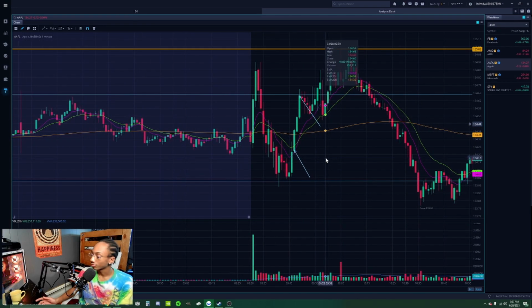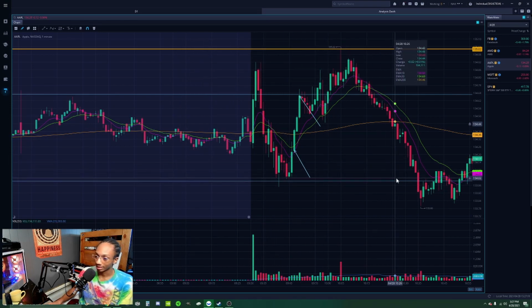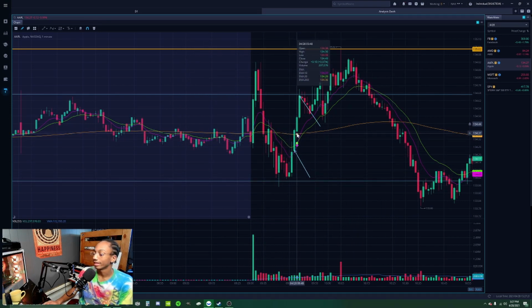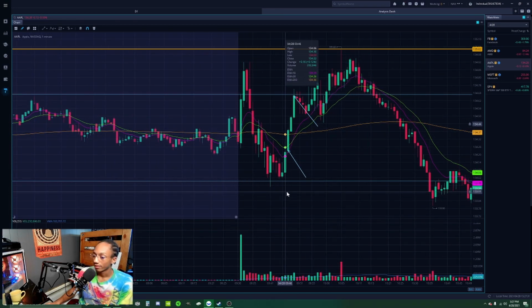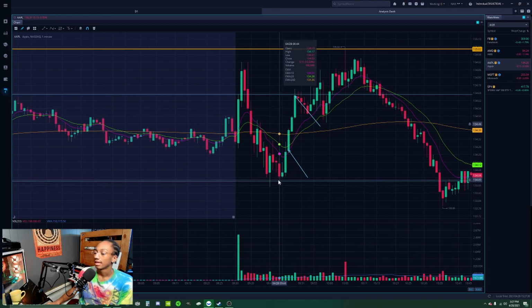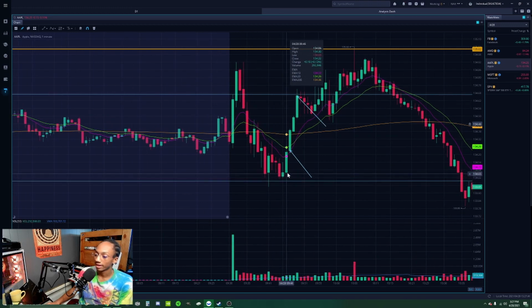And I said, okay, this might be a good little bounce setup that I can take, even though the 200 moving average is right there. So I'll enter it with just a small contract, a small position, and see if I can win it because it looks good. So I saw that this level was holding at the 134 level, and then it had this wide body.